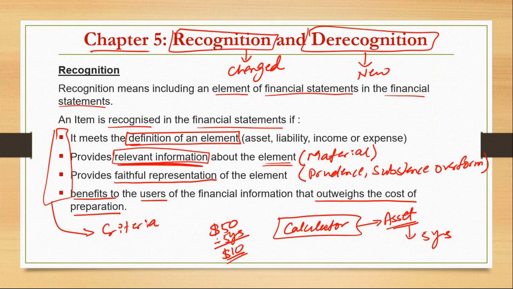It's easier to expense the calculator out because there is no use of writing it as an asset. So recognizing the calculator as an asset will have more cost than its benefit. So we should not be recognizing every asset, rather we should recognize an asset which has more benefit than the cost.